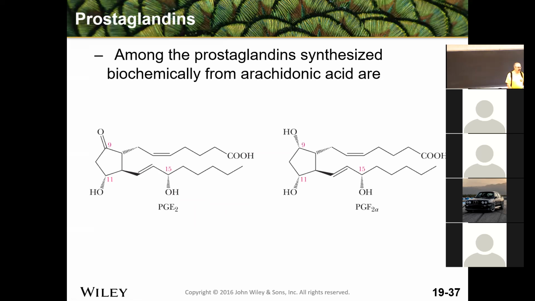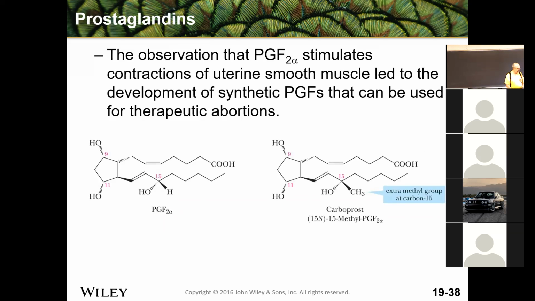Prostaglandins are extremely powerful regulators. It just takes a very small amount of prostaglandin to invoke a type of response. They perform a variety of different functions.